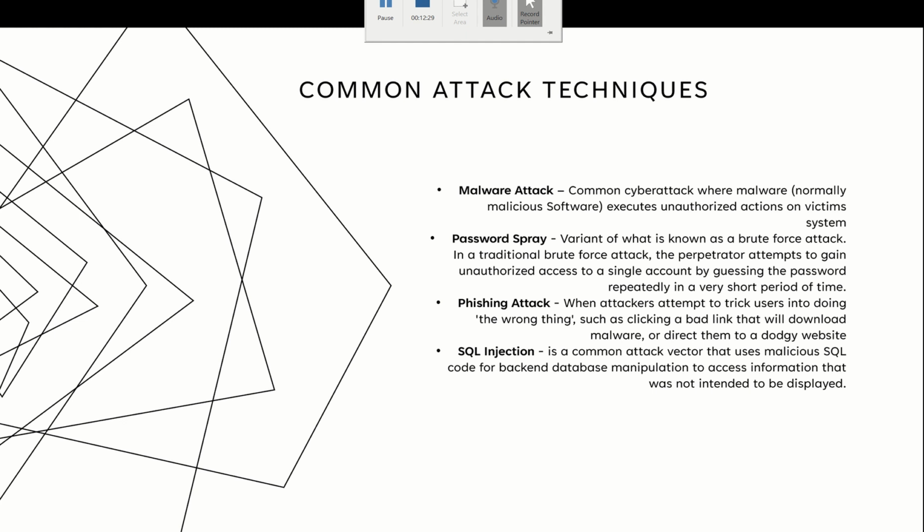It uses malicious SQL code for backend database manipulation to access information it was not intended to. So that could be vast databases with user information on, it could be a medical center, a school, education. It's all stuff where there are layers of security we need to touch upon, and this is what is referred to as the shared responsibility model, which we'll go on to in a sec.